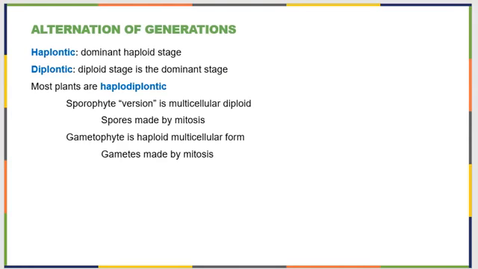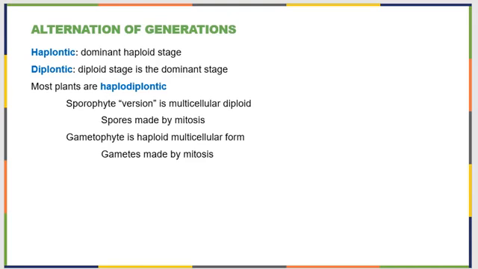A neat thing when we study the different types of plants is studying the ways that they reproduce, and this is referred to as the alternation of generations. Plants can be haplontic, which means they have a dominant haploid stage, so the largest, most ecologically important part of the plant's life cycle is when it's a haploid or 1N, or it can be diplontic, which means that the largest and most important ecological stage is when it's a diploid.